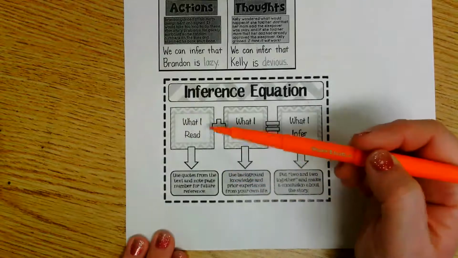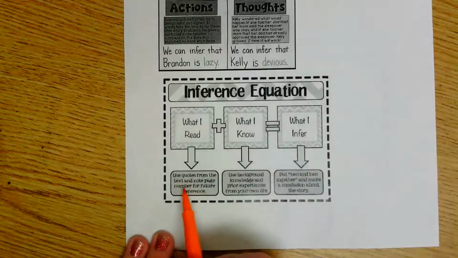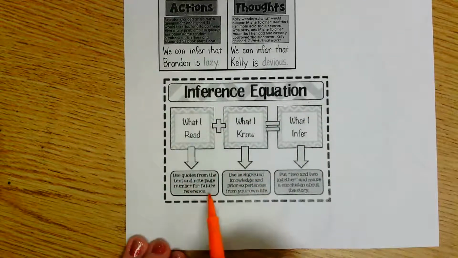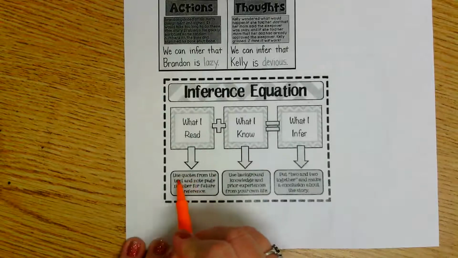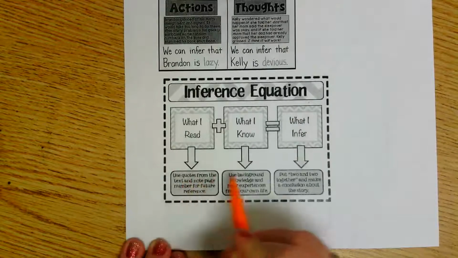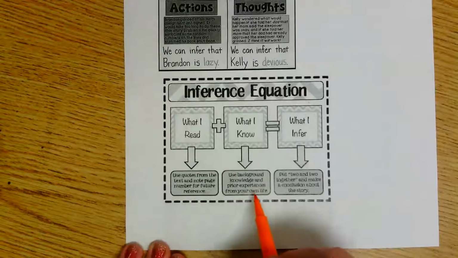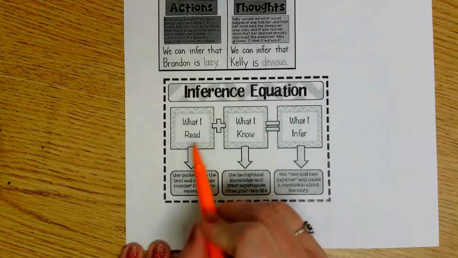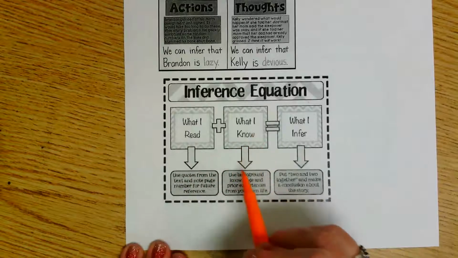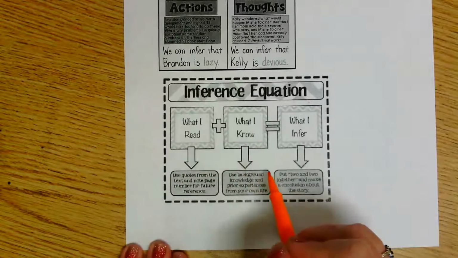So looking at what I read, you may use quotes from the text and note pages for future reference. So quotes, things that are said throughout the text, you are going to use to help make your inference. Plus, what do I know? You may use background knowledge and prior experiences from your own life. So maybe something happens to the character in the story, but it's something that you've actually experienced, so you know a little bit about that.